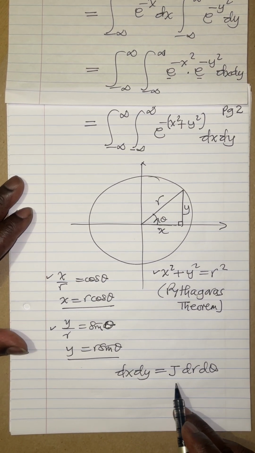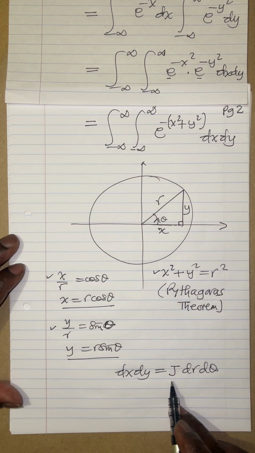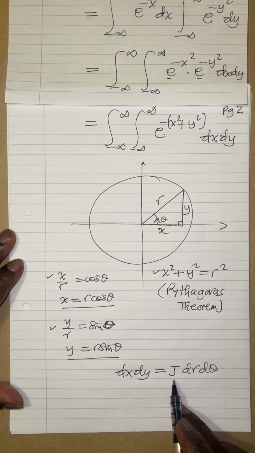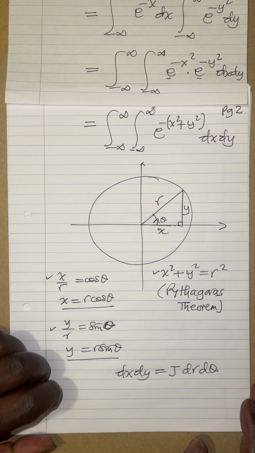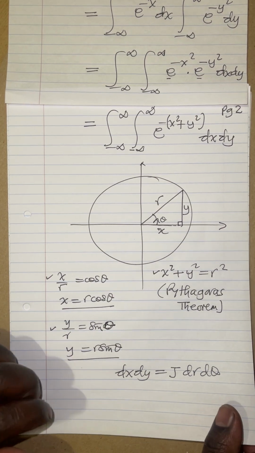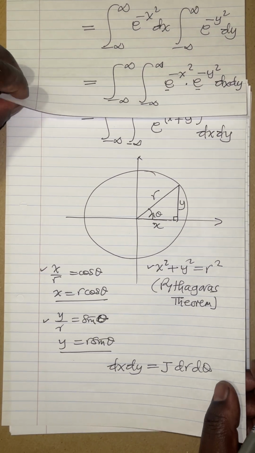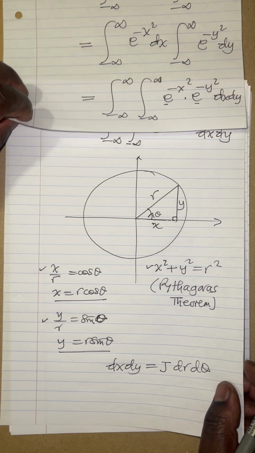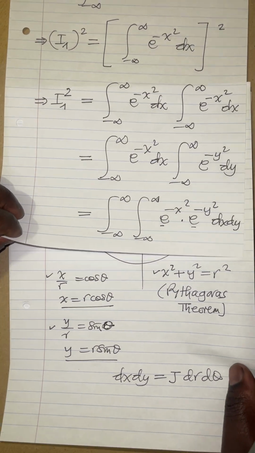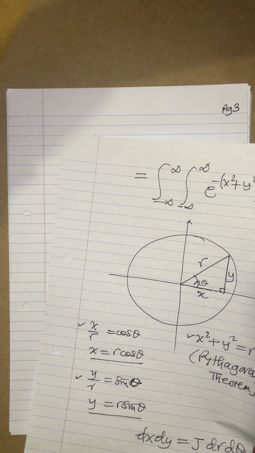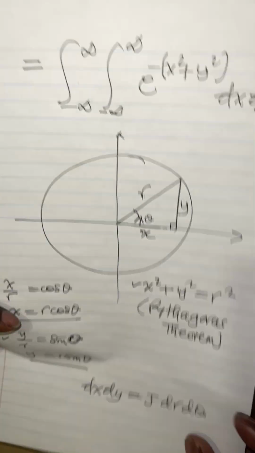Now, we're interested in working out what this transition Jacobian, J, is. Basically, if you watch my videos on linear algebra, I've explained what a determinant is. We're going to work on a determinant of a 2 by 2 matrix. Let me show you shortly. We're coming back to that integral there.